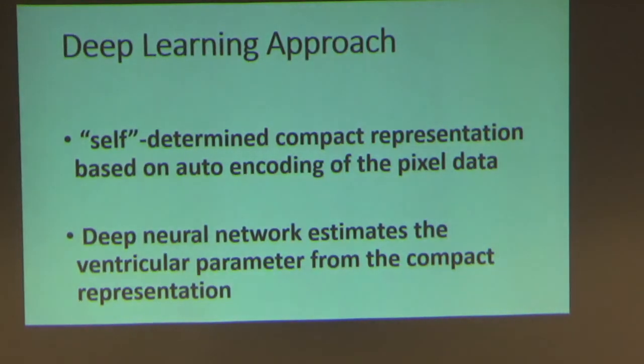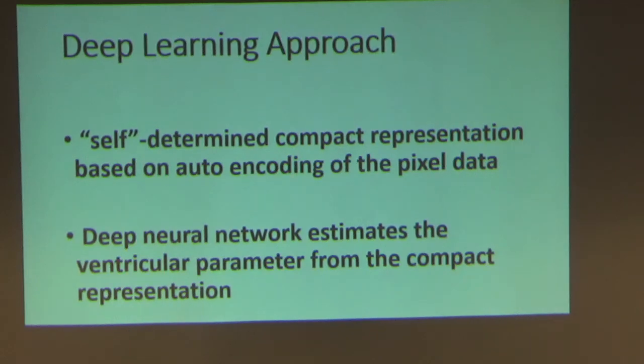With the newer approaches, because we have only presented this in abstract form and have not published, I'm going to try to not go too deeply into what we're doing. But what we're doing in a generic sense is, from the pixel data, we are getting a compact representation where you have an autoencoder determining what are the best features to use to analyze the data.